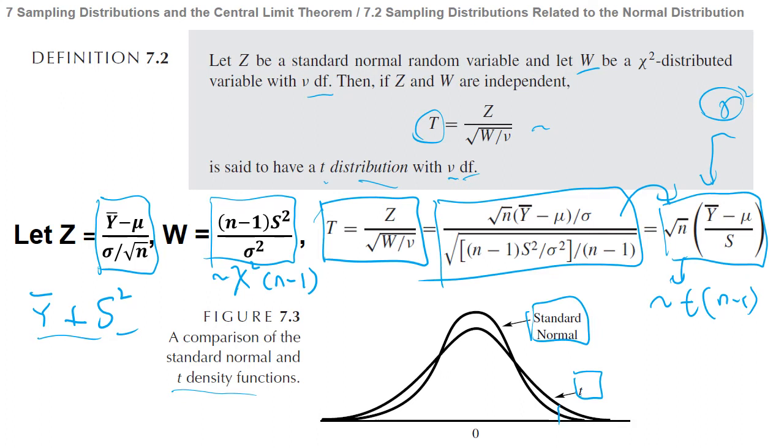Also, as n goes to infinity, as n gets large, the t distribution gets closer to the standard normal distribution. So usually when n is large, we can approximate our t distribution with the standard normal.